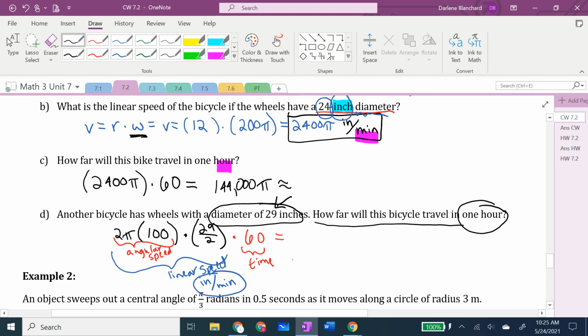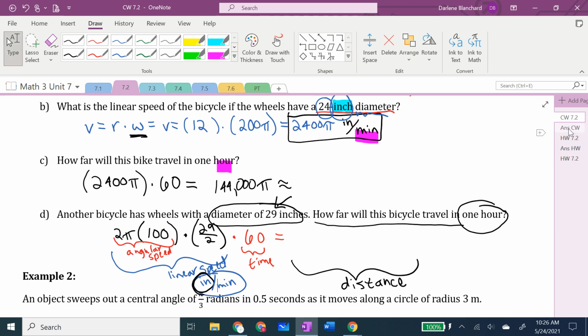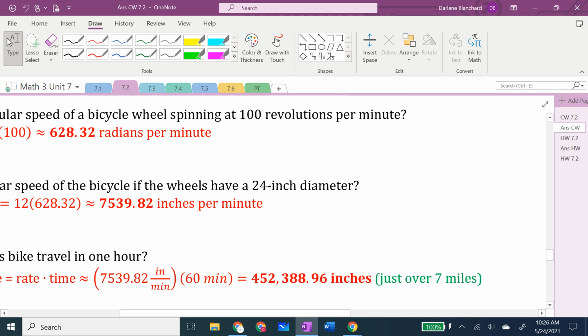Linear speed times time equals distance. And then I want to double check. I'm dealing with a measurement of inches, so this multiplication will give me an answer of distance with respect to inches. I'm going to go over to the answers.